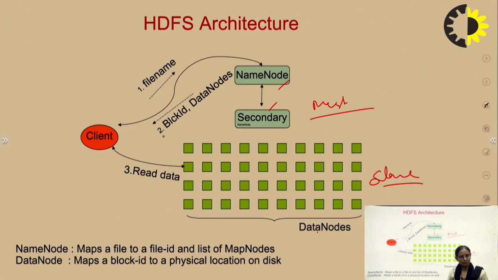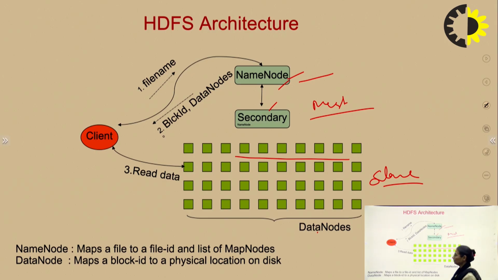On the data nodes, we store only the data, whereas the name node keeps the meta information of all the data which we have stored on these data nodes, and the secondary name node acts as a backup.